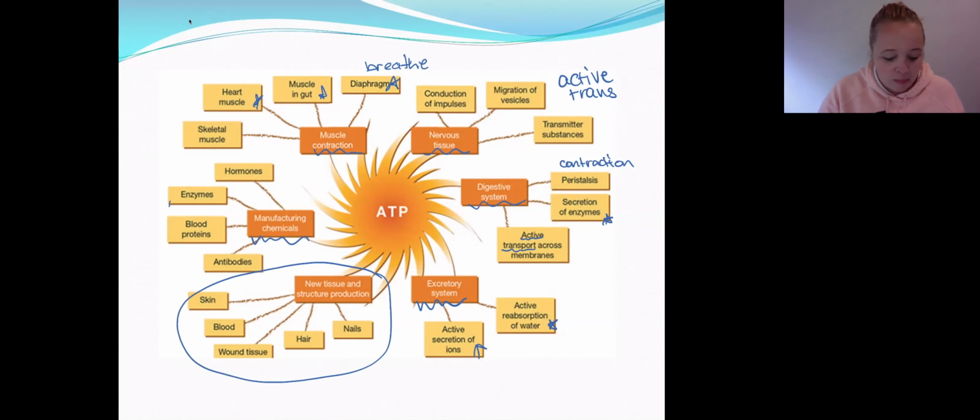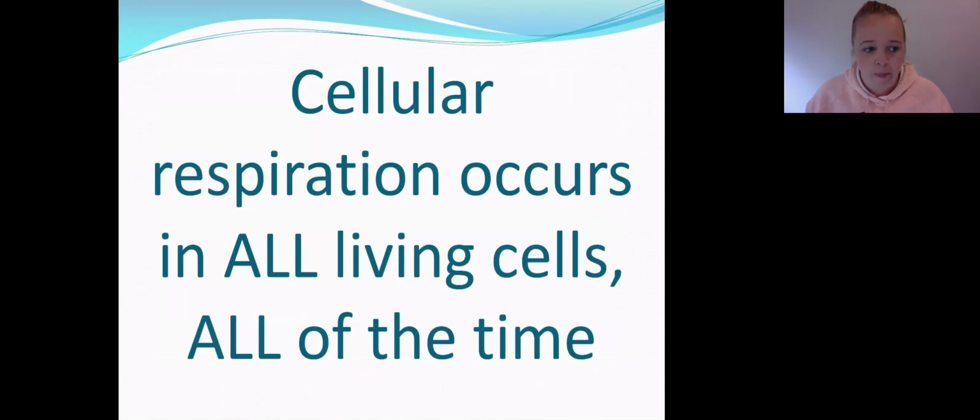Without this, how can you make an enzyme? Think about protein synthesis. Protein synthesis is the building up of a protein from amino acids. If you can't build up your amino acids and join them together, then you may as well not be able to function. So ATP is pivotal for all of these things, and that is the purpose of cellular respiration.